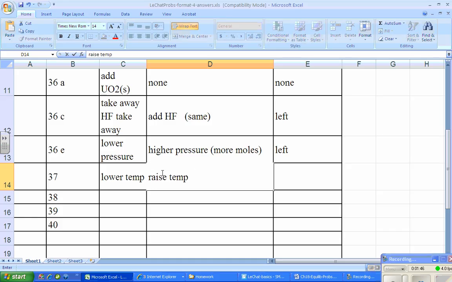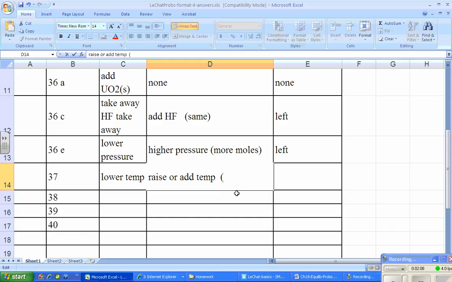And he is going to have to raise the temperature by shifting to the same side as where the temperature is. Because raise or increase or add, this could also be add temperature.